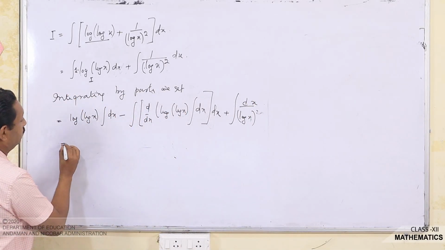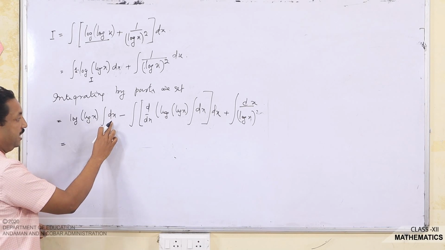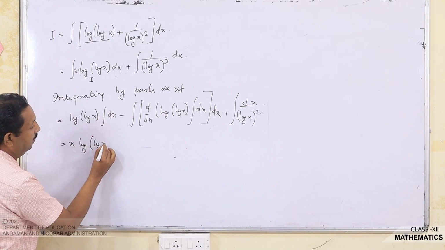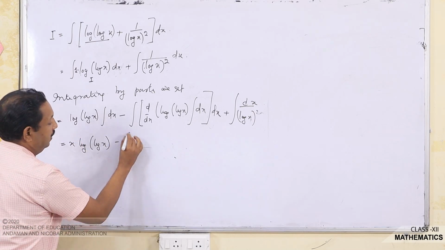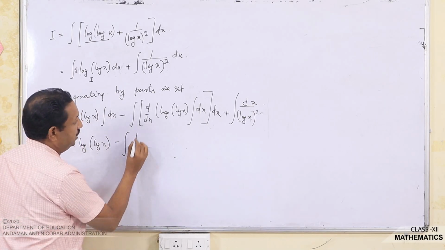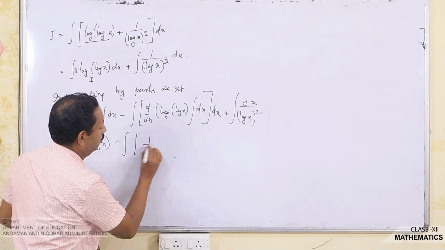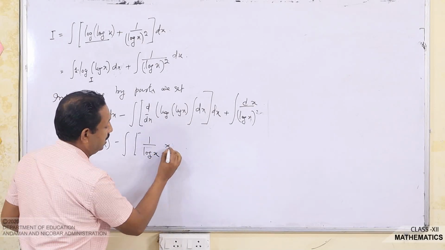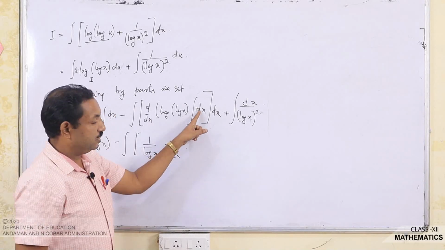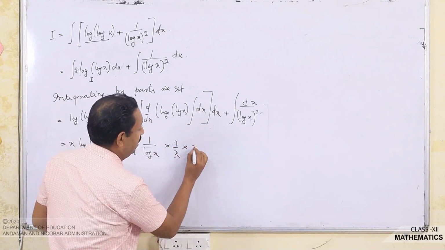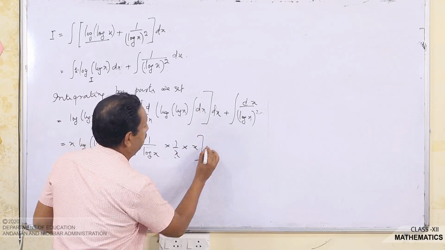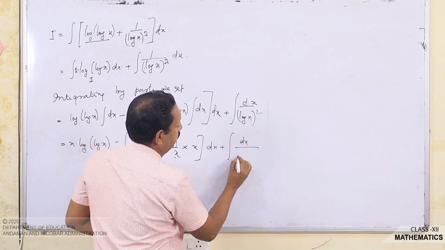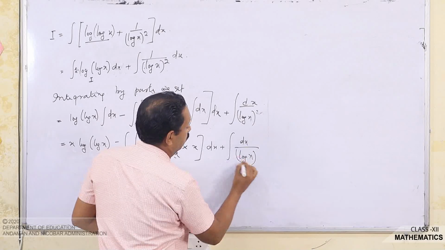Now this is equal to, this integration is x, so we write x log of log x minus integration sign, this derivative is what? 1 upon log x, and for this log x we have 1 by x, I write here, and integration of this dx is x, I write here, and that will give us dx plus integration of dx upon log x the whole square.